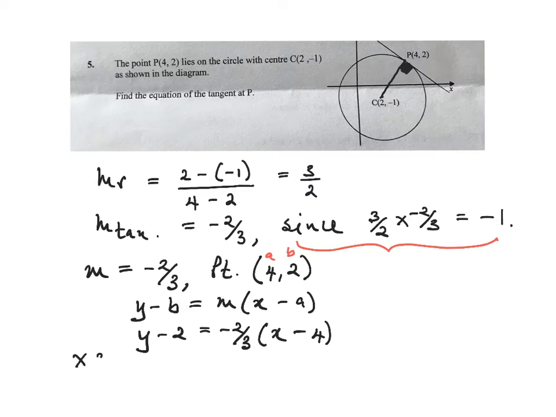Multiply by 3 to get rid of the fraction. 3y minus 6 equals minus 2x plus 8. And the final equation is 3y equals minus 2x plus 14.